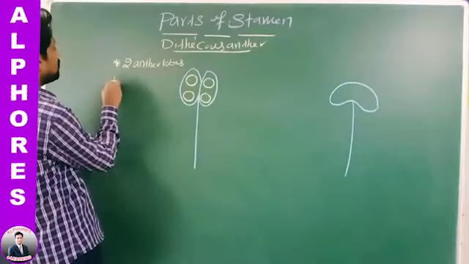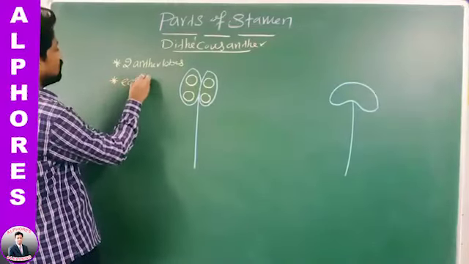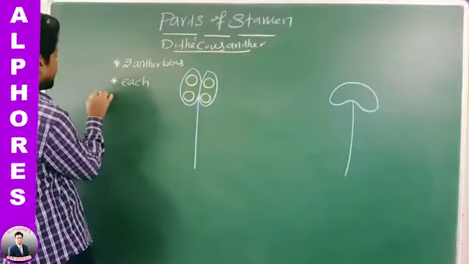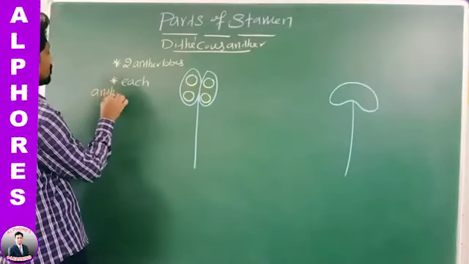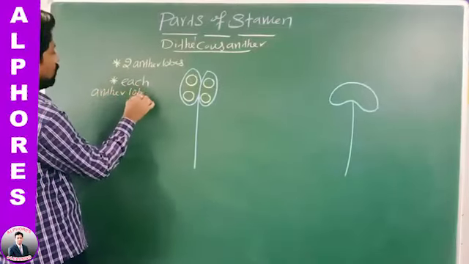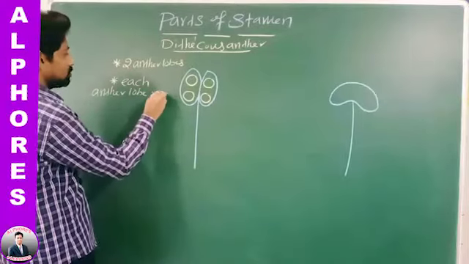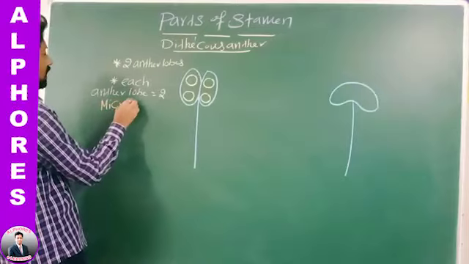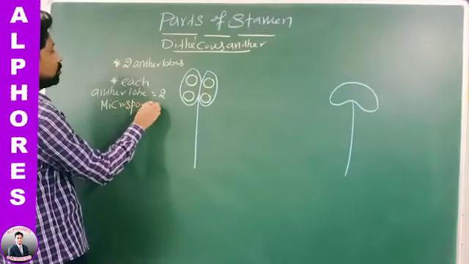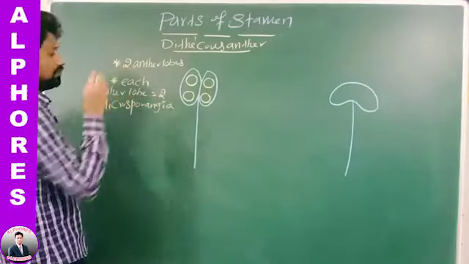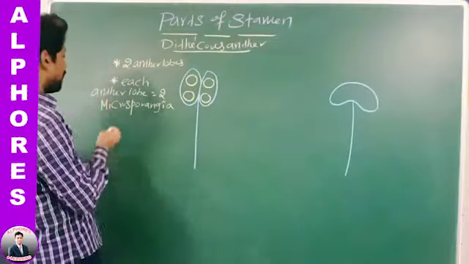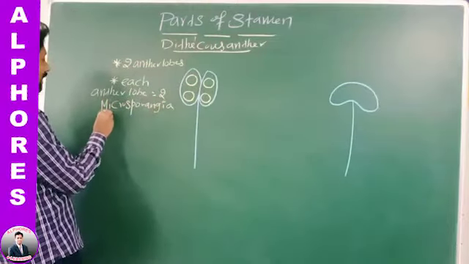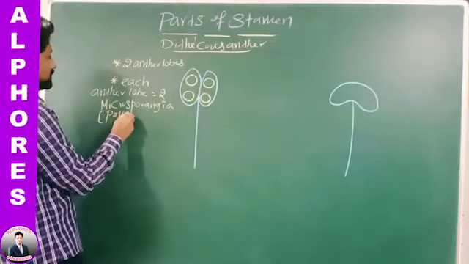Each anther lobe, each what, sir? Anther lobe. Each anther lobe has how many microsporangia? Two microsporangia. Okay, sir, this microsporangium is also called a pollen sac.